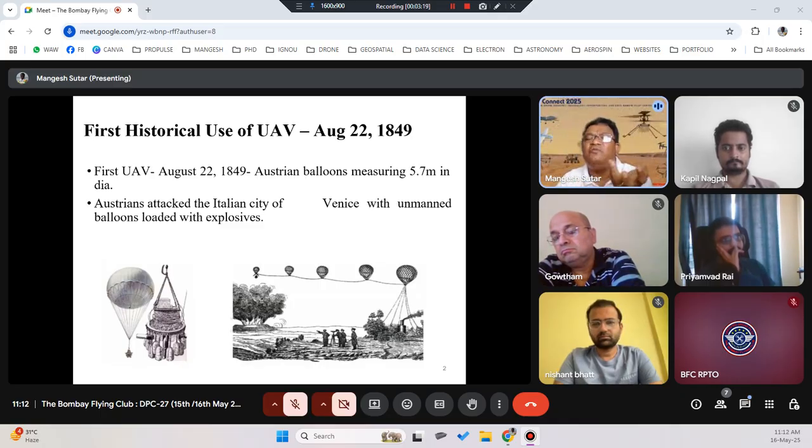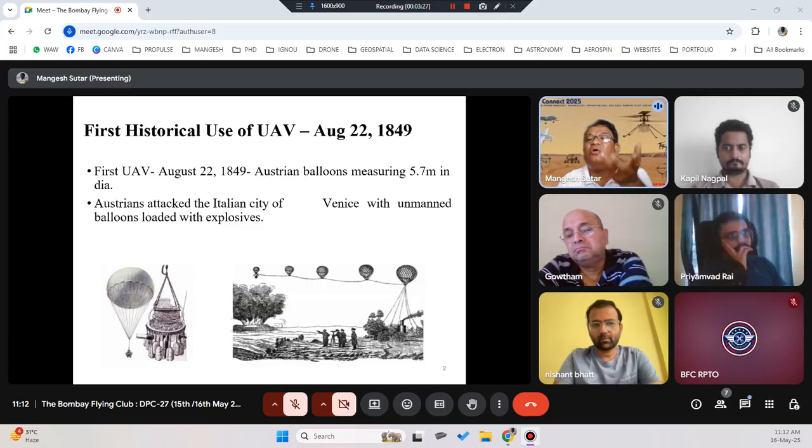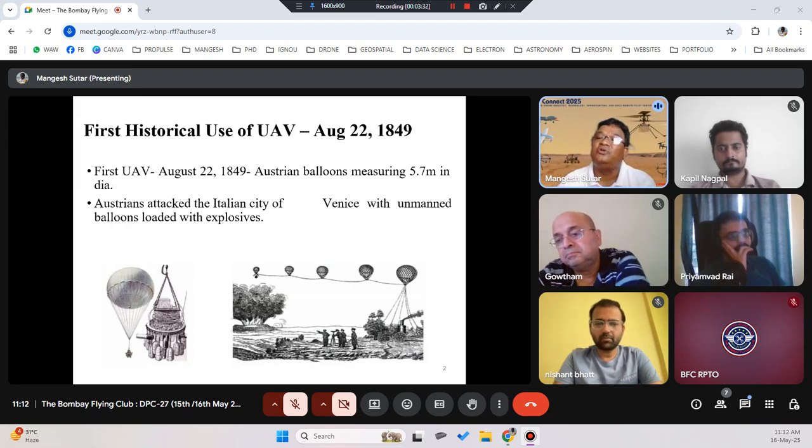I think there were only one or two cases which successfully reached the west coast of America, but there were no casualties. Most of the balloons which Japan flew were lost in the Pacific seas. So it was not a successful attempt by Japan either. But these were the initial use cases of unmanned balloons, or the unmanned aerial vehicle form.